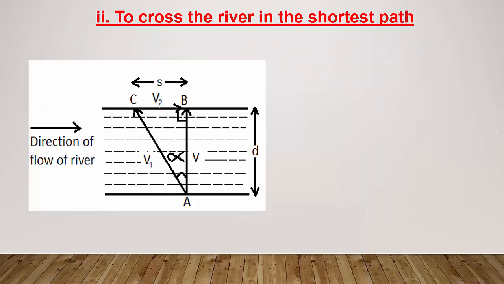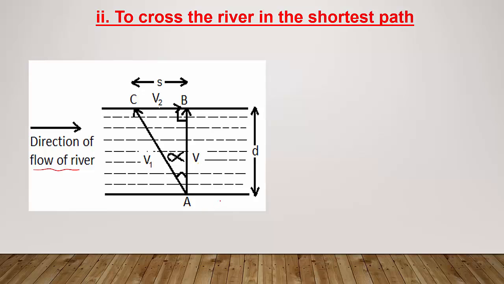Now we can study similarly the second application, and that is to cross the river in the shortest path. Here again you can observe, let us imagine this is the direction of the flow of the river. The river is flowing from left to right. Now the swimmer wants to cross the river with the shortest path.